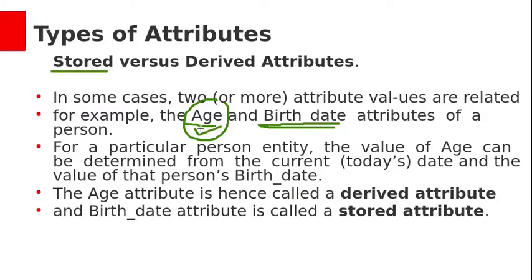So here we don't need to store both age and date of birth in the database. Only this birth date will be stored in the database, and this age can be calculated from birth date. So this age is called a derived attribute, and this birth date will be stored in the database, so it is called a stored attribute.